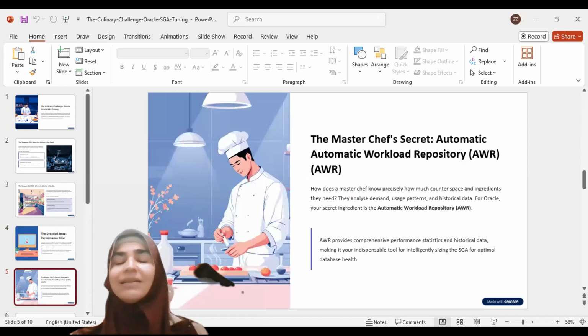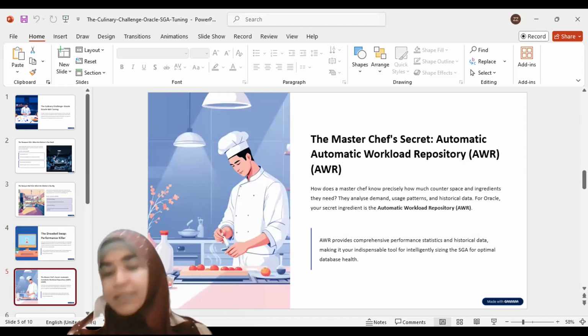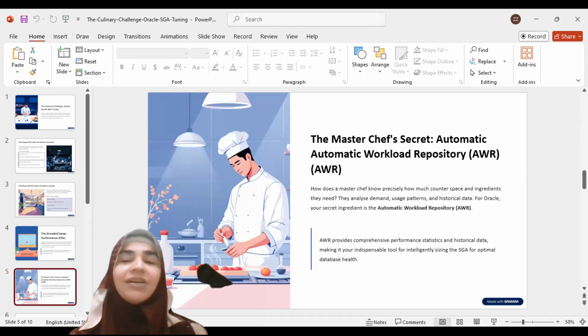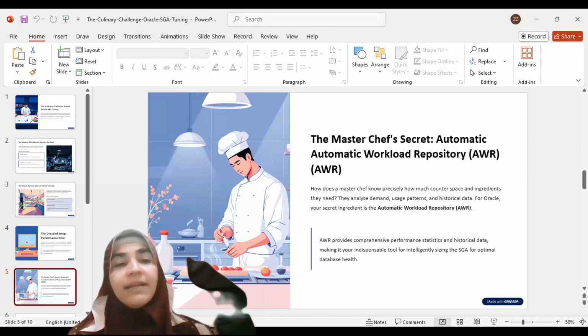Now, how do we find the balance? How does the master chef know how much counter space they need? They analyze the patterns, demand, ingredients, timings. And for us as DBAs, the secret ingredient is AWR, Automatic Workload Repository. Automatic Workload Repository collects historical performance data and gives us intelligent insights.